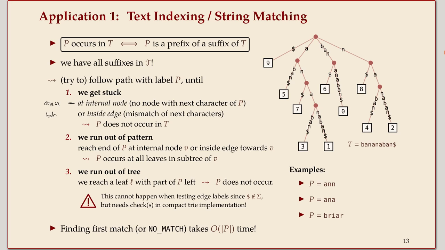If you try to find BB, you would start here, read the first B, everything's fine, but then the edge continues with an A, but our pattern has a B, so we are again stuck, but in the middle of the edge. In both cases, the implication is that P does not occur anywhere in the text. If it would, there would have been a path in the trie, and we wouldn't be stuck.